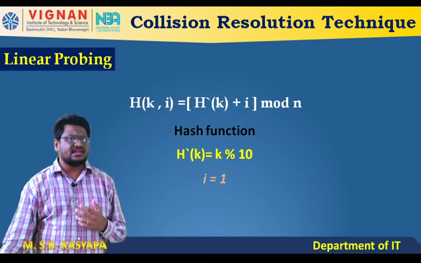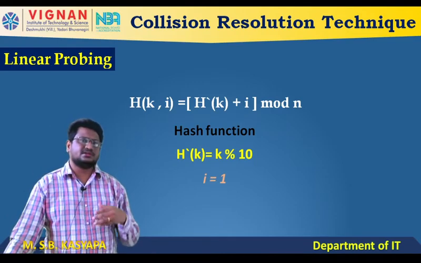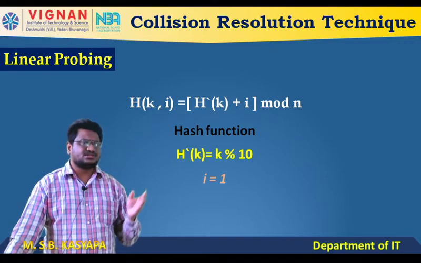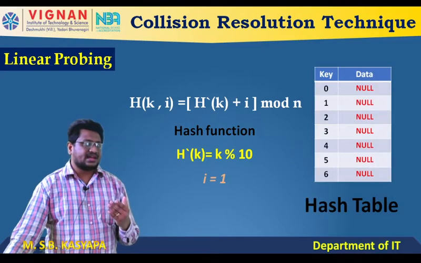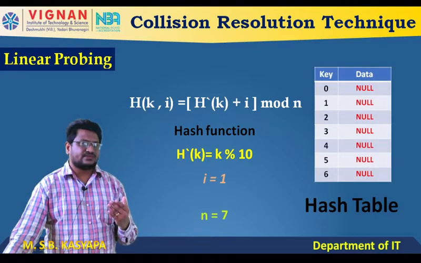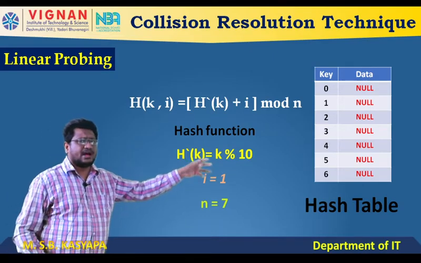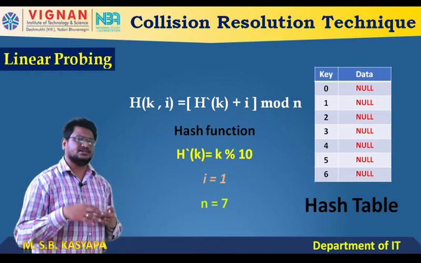The next one, the initial probe number is 1. You can take any number from 0 to n. For suppose n is 5, so I can take 0 or 1, 2, 3 up to 6, I can take any values.